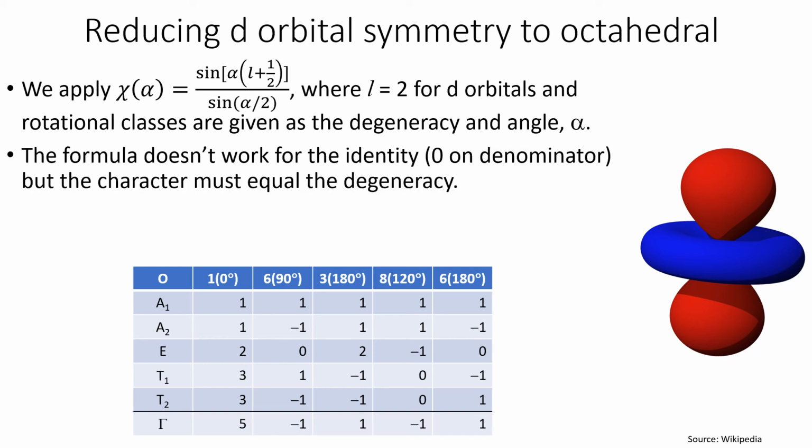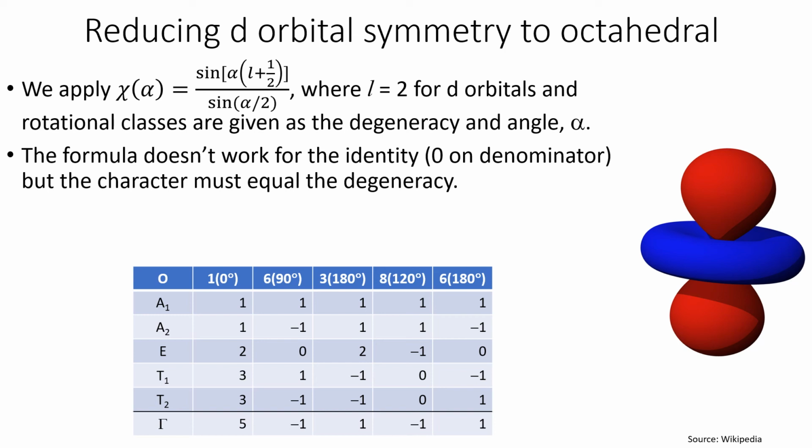Now one problem we're going to come across is for the identity operation, because in the case of the identity operation the angle is 0, and so we're going to have a bit of a problem because we're going to get 0 on the denominator. So if alpha is 0, then we're going to get sine of 0 on the denominator, which is 0. And obviously having a 0 on a denominator leaves it undefined.